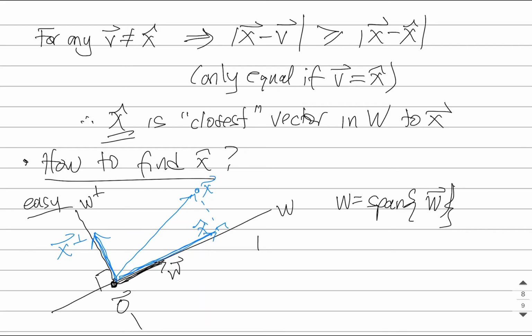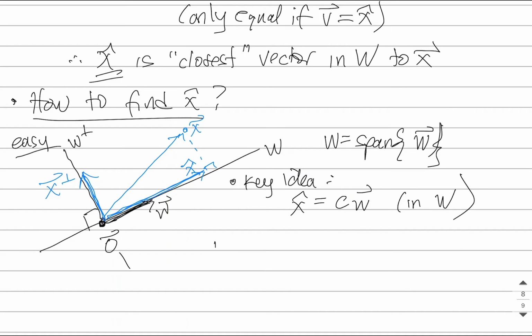Key idea. This x hat is some multiple of w because it's in the subspace. The other thing is that this vector x perp has to be orthogonal to the line.